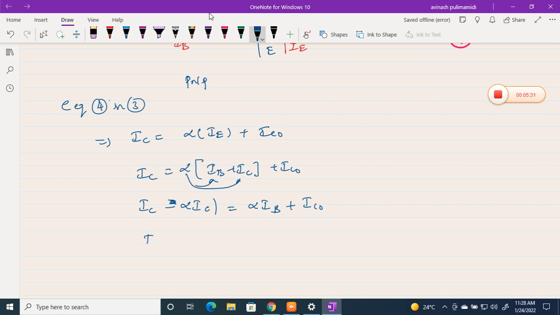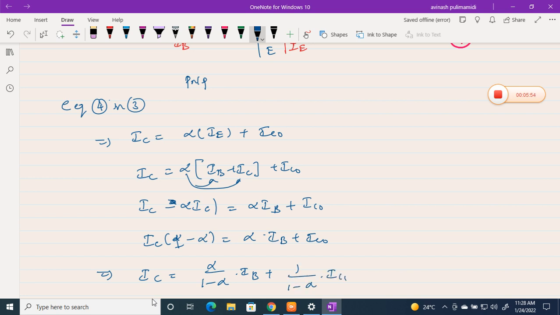If I take IC as a common factor, then we get IC times 1 minus alpha is equal to alpha into IB plus IC naught. Then I can write IC is equal to alpha upon 1 minus alpha into IB plus 1 upon 1 minus alpha into IC naught.